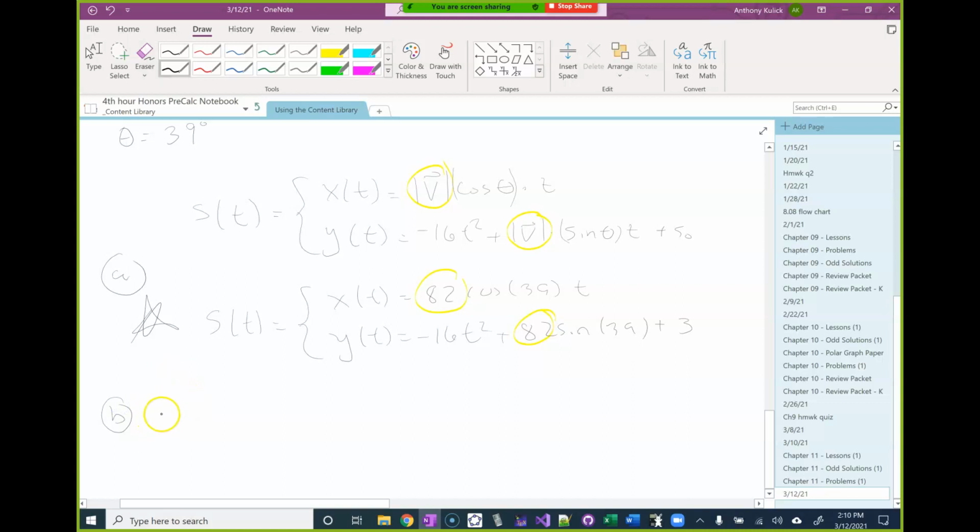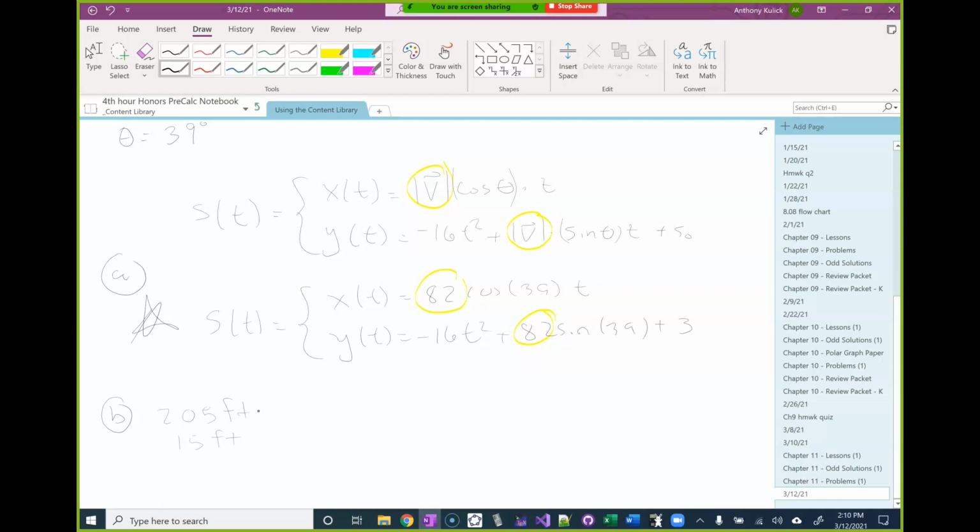The wall is 205 feet away, and the height is 15 feet. Okay, so there are two different ways you could do this. It also wants to know... Yeah, we can analyze that at the end.